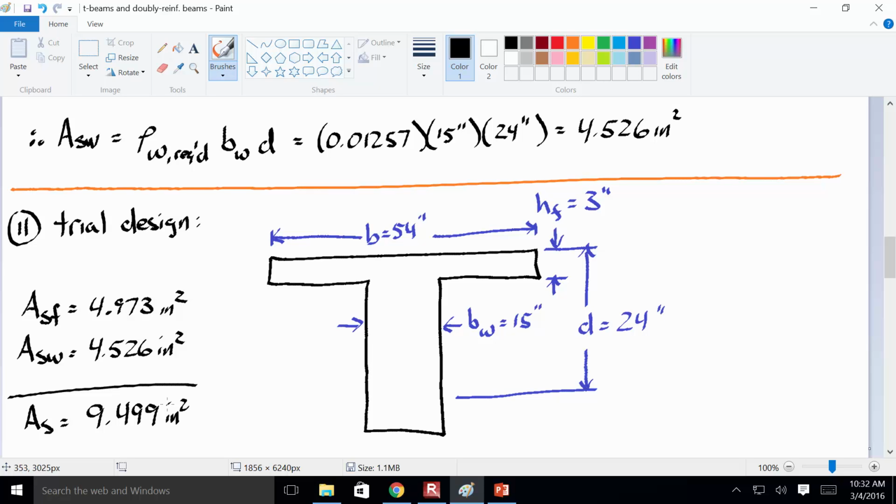Does that make sense? And I propose to you that the easiest way to do that, or the most economical way to do that, is ten number nines, okay?